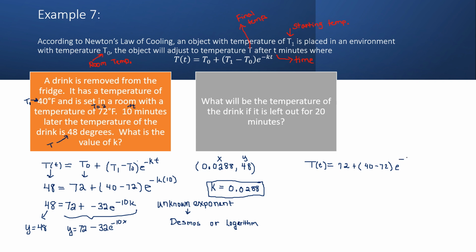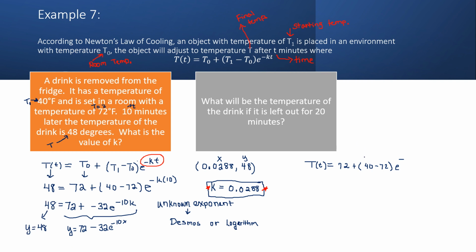And then the exponent in the problem is, let me circle it over here, this negative kt, but we figured out that the value of k is this decimal.